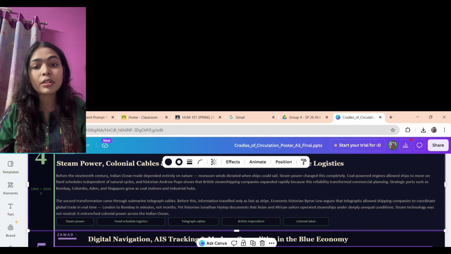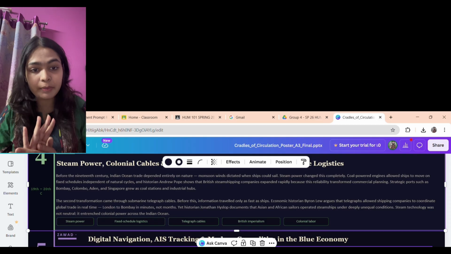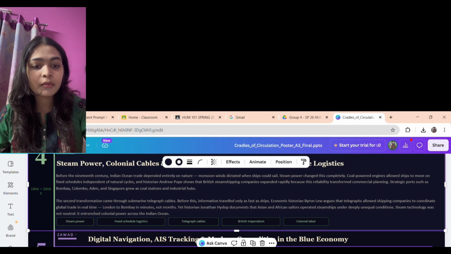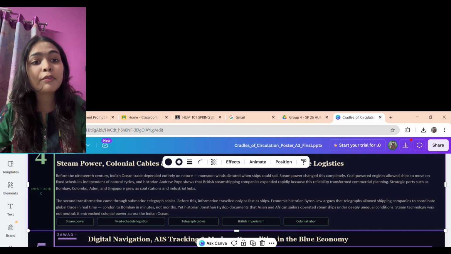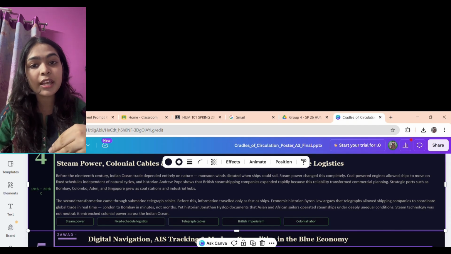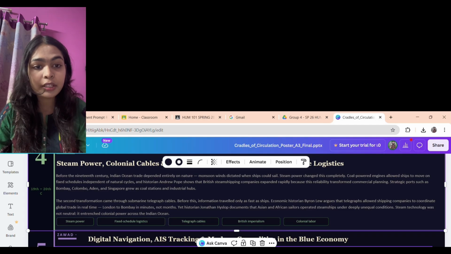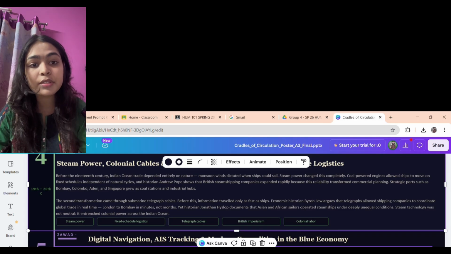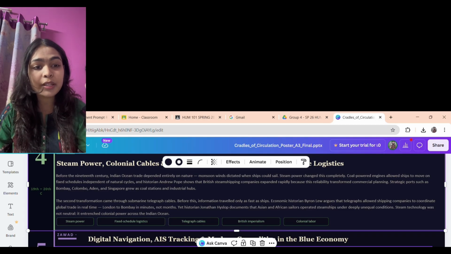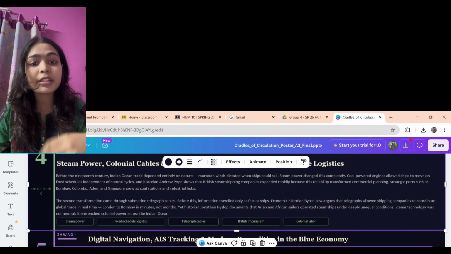The second major transformation came through submarine telegraph cables. Before the telegraph, information could only travel as fast as ships. Merchants often waited weeks or even months to receive news about cargo prices, market conditions, weather, or political developments.